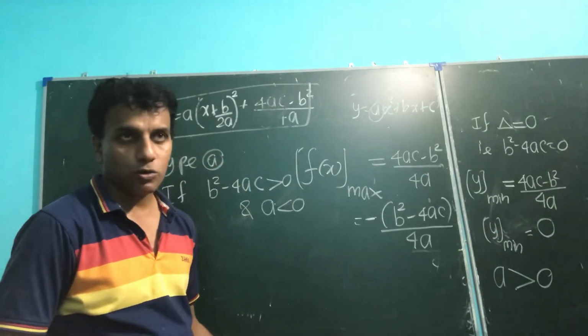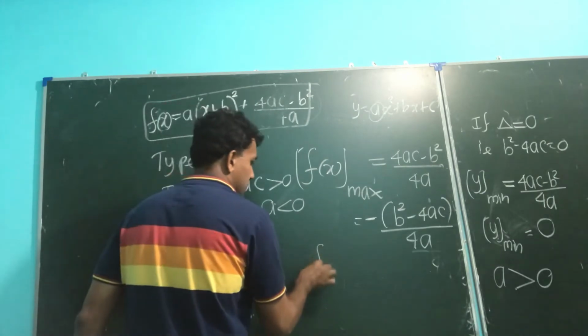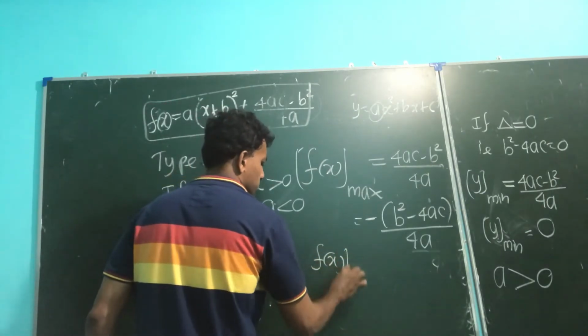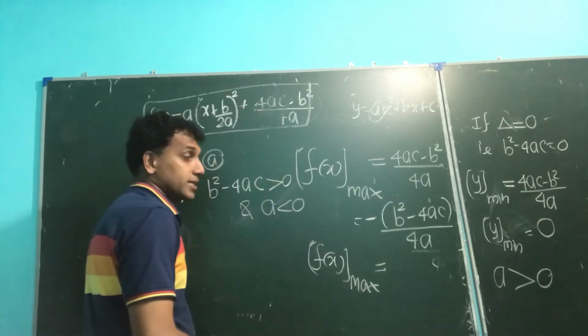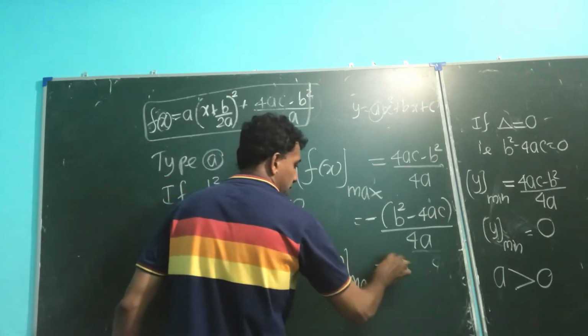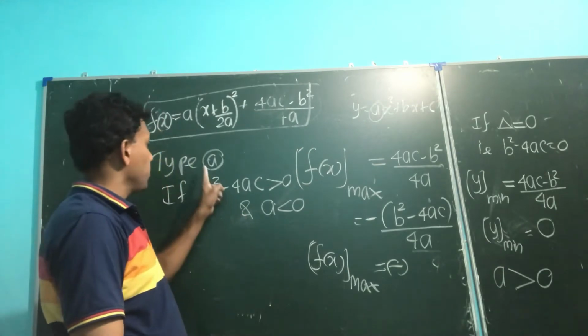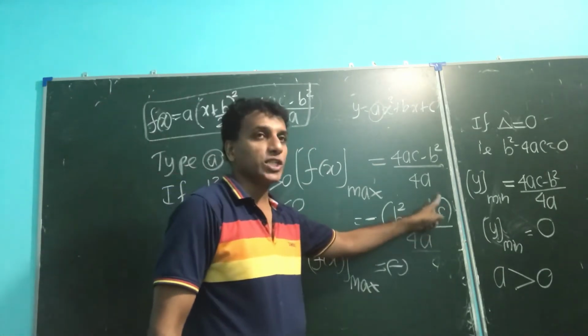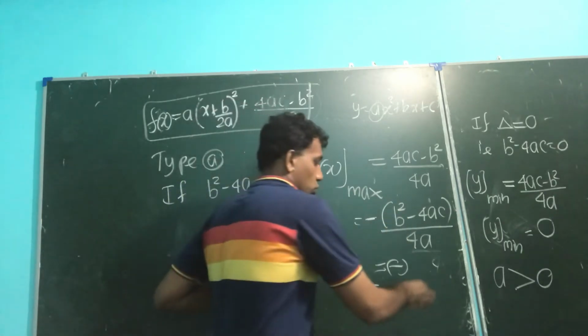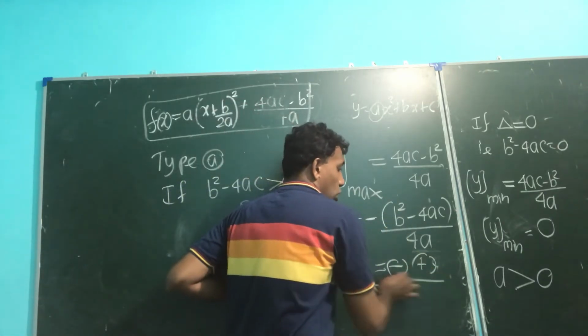I took the minus out. Okay, now come to the idea for f(x) maximum. See this, there is a minus outside, right? But it's type A, delta, the discriminant, positive. Below, what is a?